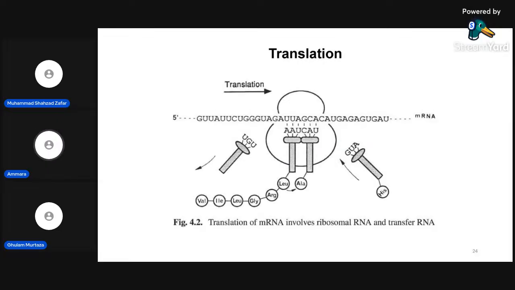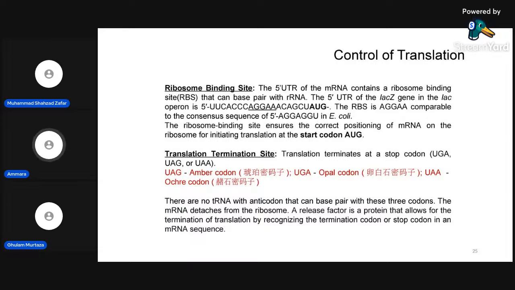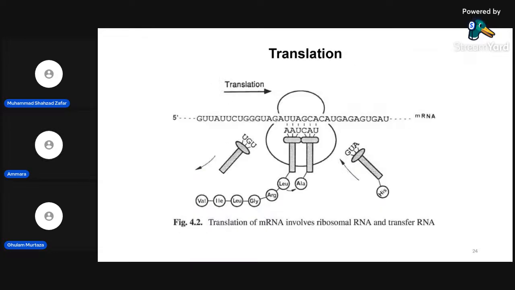Next slide, please. So here is the last step of the central dogma, translation. The messenger RNA that we have transcribed from DNA is used to translate protein. So the formation of protein from RNA is called translation.